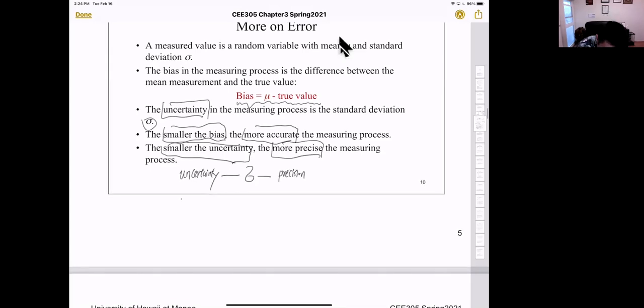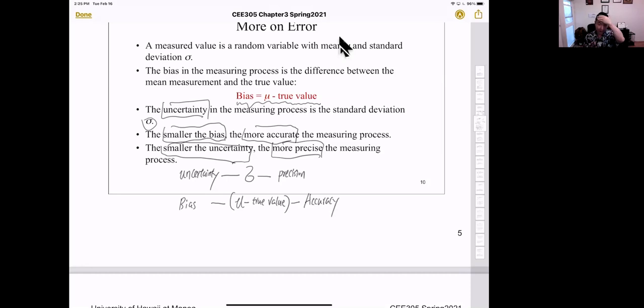Okay. The second part is the bias. For bias, we use the difference between the mean value and the true value. So mean value minus true value is used to describe bias. The smaller the difference between mean value and the true value, we say it has small bias, and we call that more accurate. So we use accuracy to describe the bias.